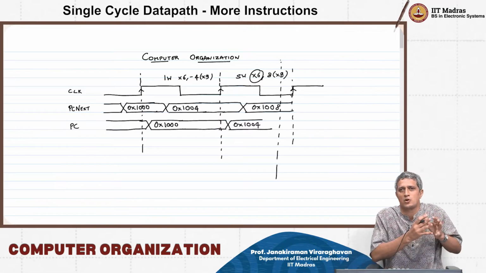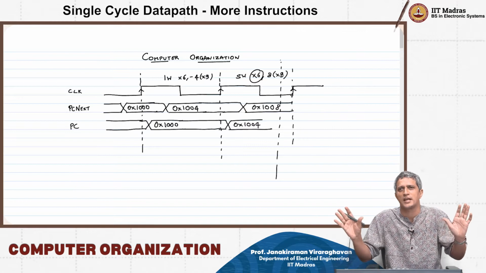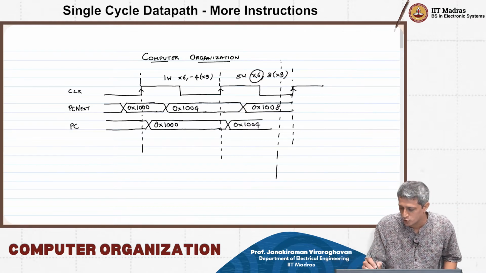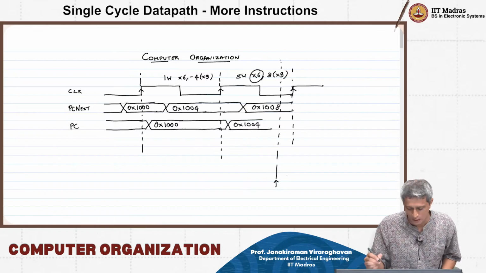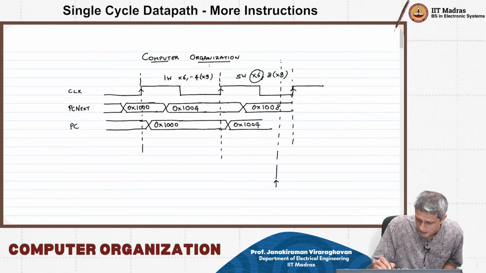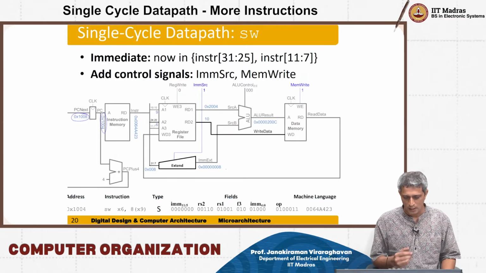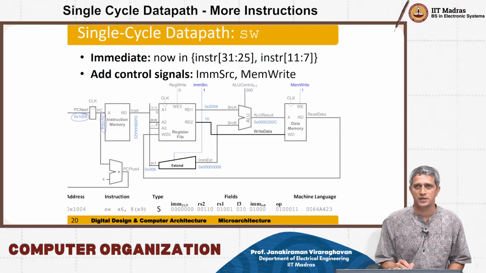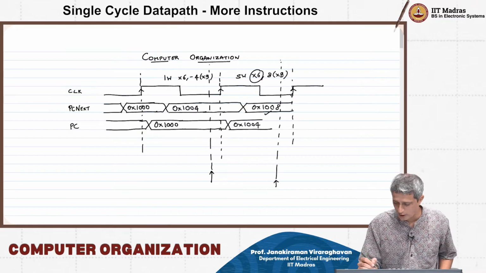So data has gone through all the combinational blocks, everything has settled, and then you know what the final value is. So you sample at this instant, you will see these values. Likewise, earlier we would have done the sampling somewhere at this instant. So that's what you see, 1004, PC plus 4 has evaluated and that's become 1008.